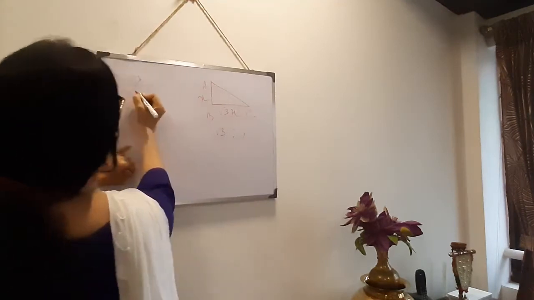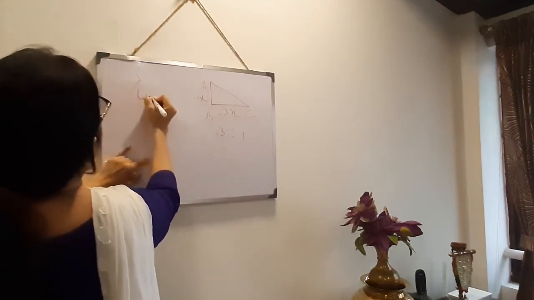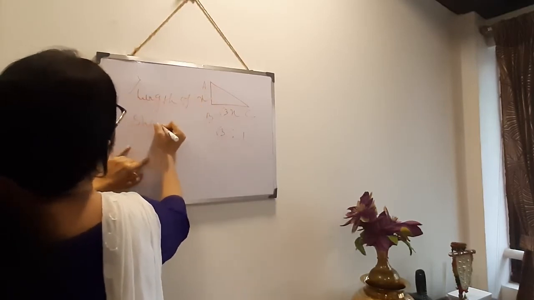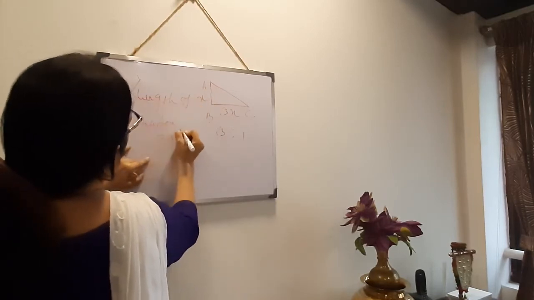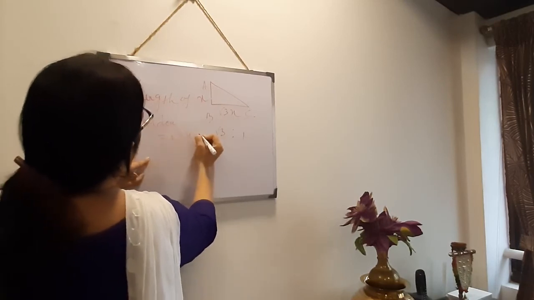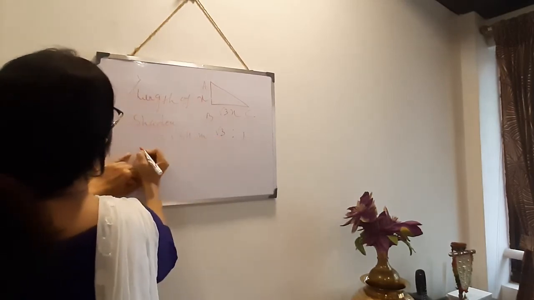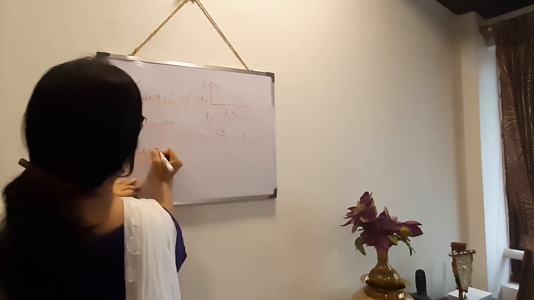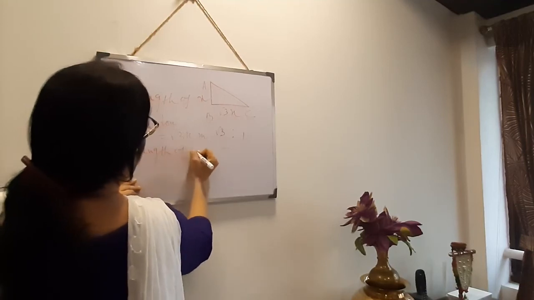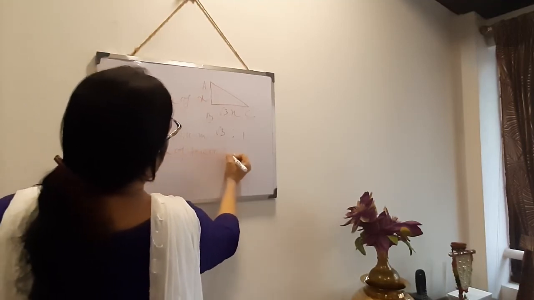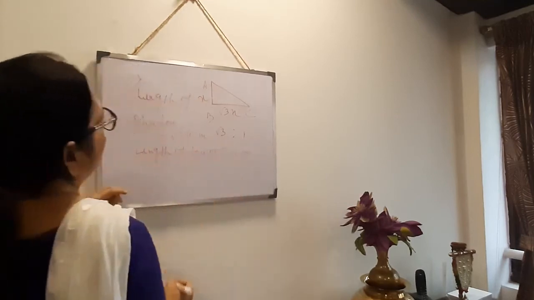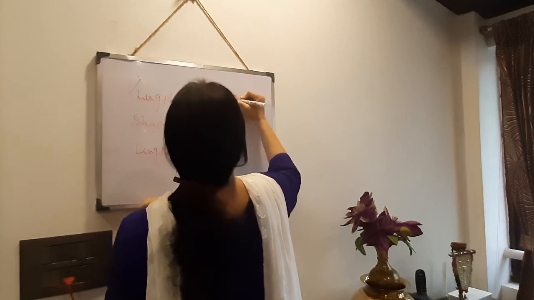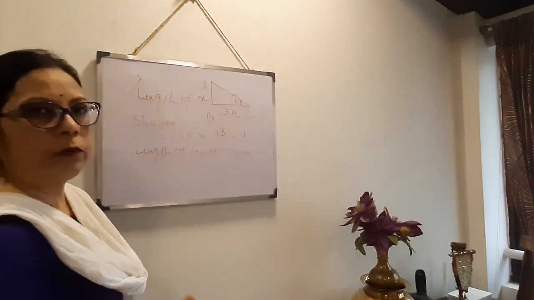Clear? Therefore length of shadow becoming root over 3x meter, and it is tower. Length of tower is x meter. You have to calculate the angle of elevation, that means this one. We may consider let this angle of elevation be theta.